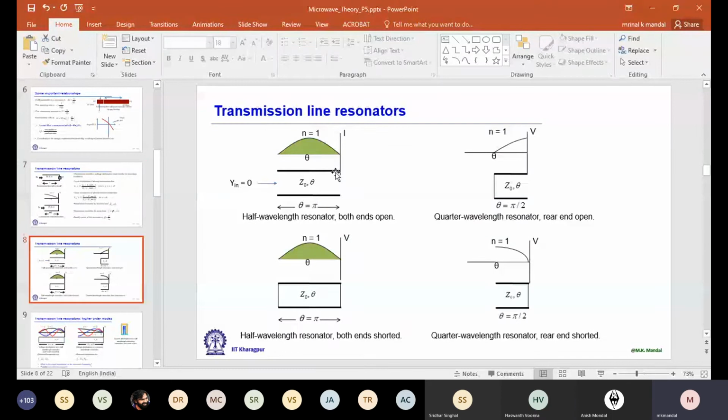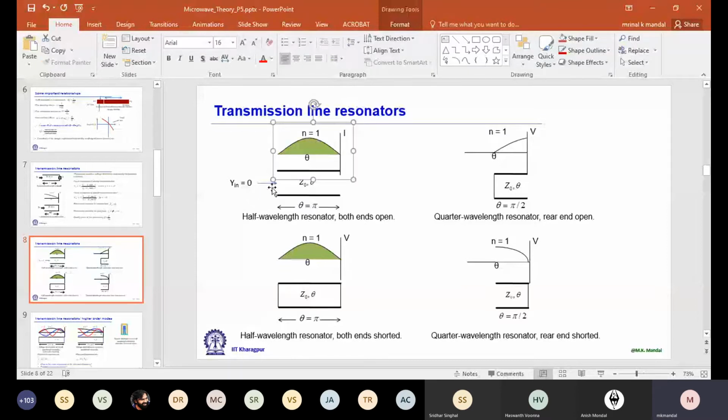Here I'm showing the same thing, this voltage variation, current variation, etc. Only one parameter I introduced here, Y in or Z in. What about that? Let us consider the first case. In the first example, what I drew is an open end. So current should be 0.